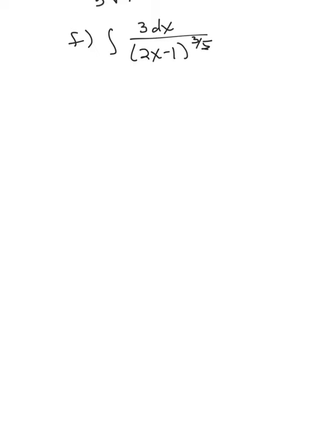On this problem, again, we have a quantity in our denominator raised to a power. So our first step is to rewrite this as 2x minus 1 to the negative 3/5, since we've changed positions. And then we've got the rest of the stuff that we were already given, the 3 and dx. In this problem, we are going to let u equal the inside, the 2x minus 1.